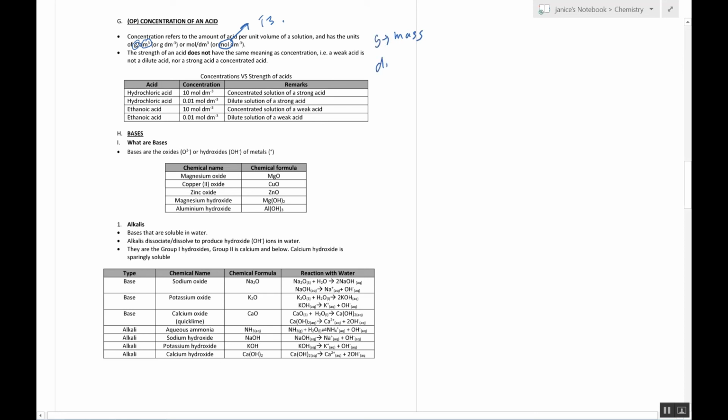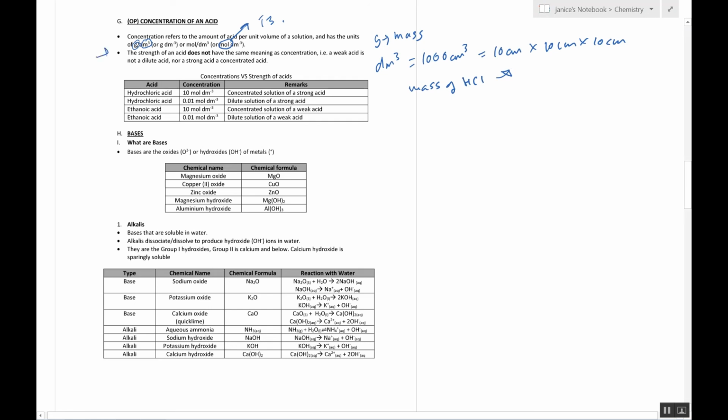And dm cube really just means 1000 cm cube, 10 cm by 10 cm by 10 cm. So gram per dm cube means what is the mass of my HCl that I put in a 10 by 10 by 10 cm cube container, and that's your concentration.